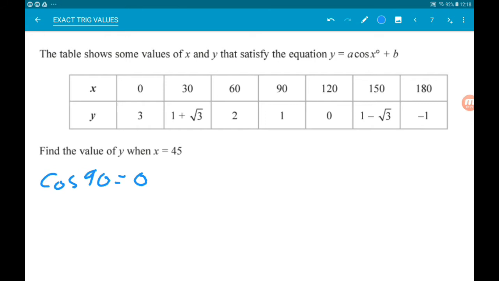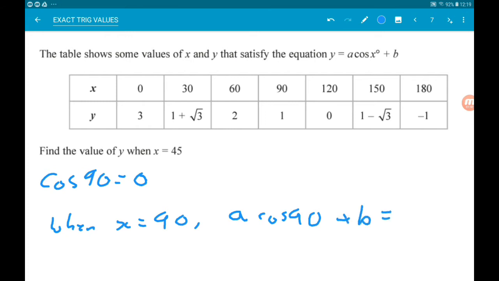So that means that when x is 90, we get a cos of 90 add b is equal to 1.